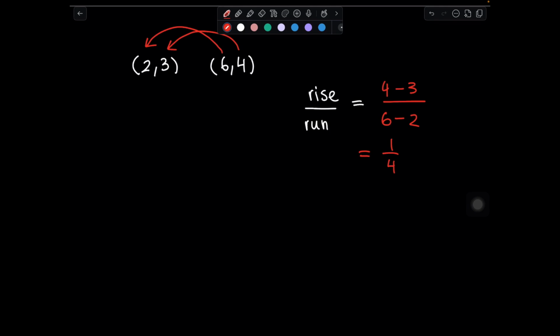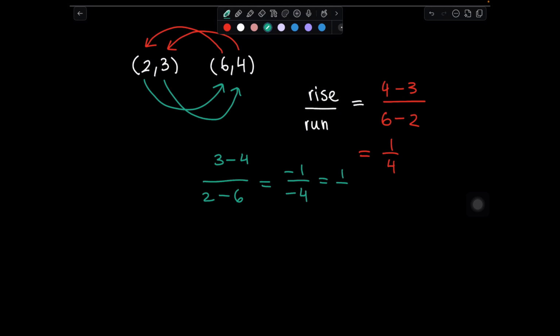As long as the arrows are in the right direction and you're minusing along those arrows, you will not get it wrong. So for example, even if I do it the other way, 2 minus 6, 3 minus 4. Look, as long as the 3 minus 4 is at the top, because that is rise, and then 2 minus 6 is at the bottom, you'll get -1, -4, two negatives cancel out, and you get +1 on 4. So you get the same answer. Okay.